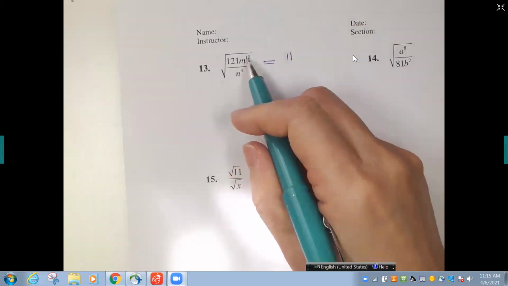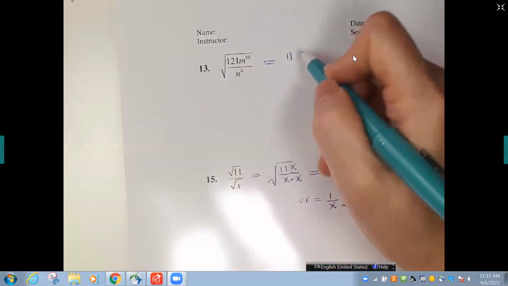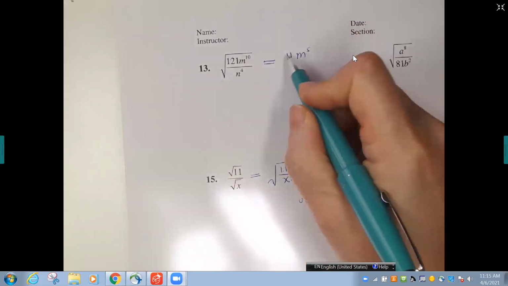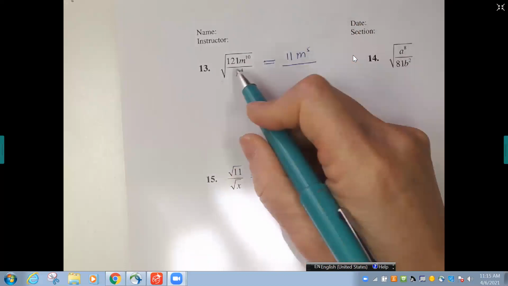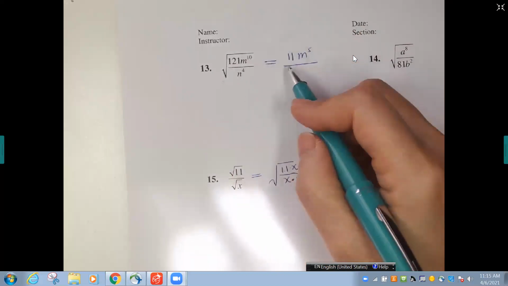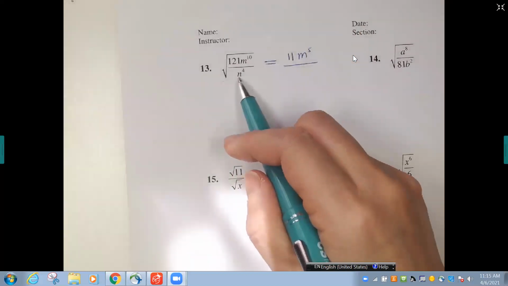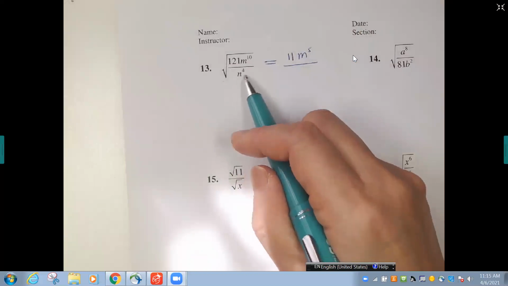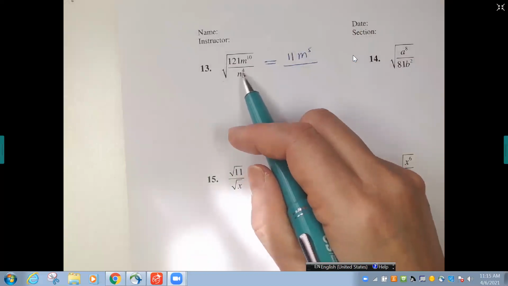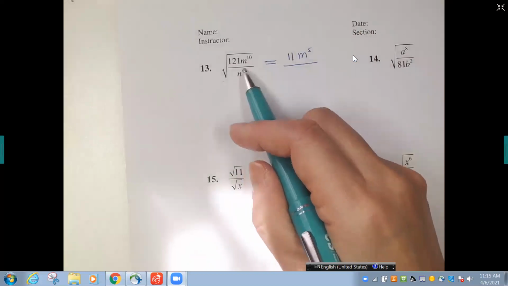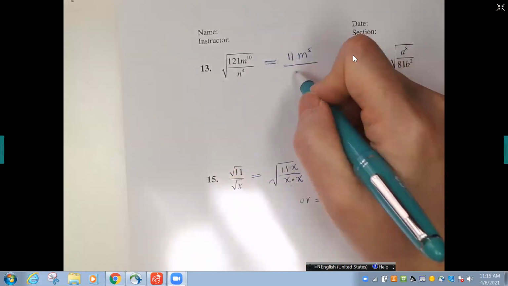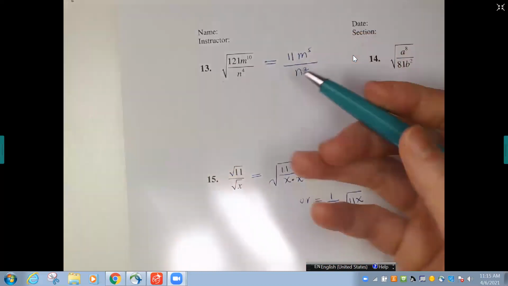And m to the 10th, when we move this out, turns to m to the 5th. And they are on the top of the bar. They belong to the numerator. Then we look at the denominator, n to the 4th. It happens to have an even exponent. So this n to the 4th, the whole denominator can be moved out, turns into n to the 2nd. Final answer.